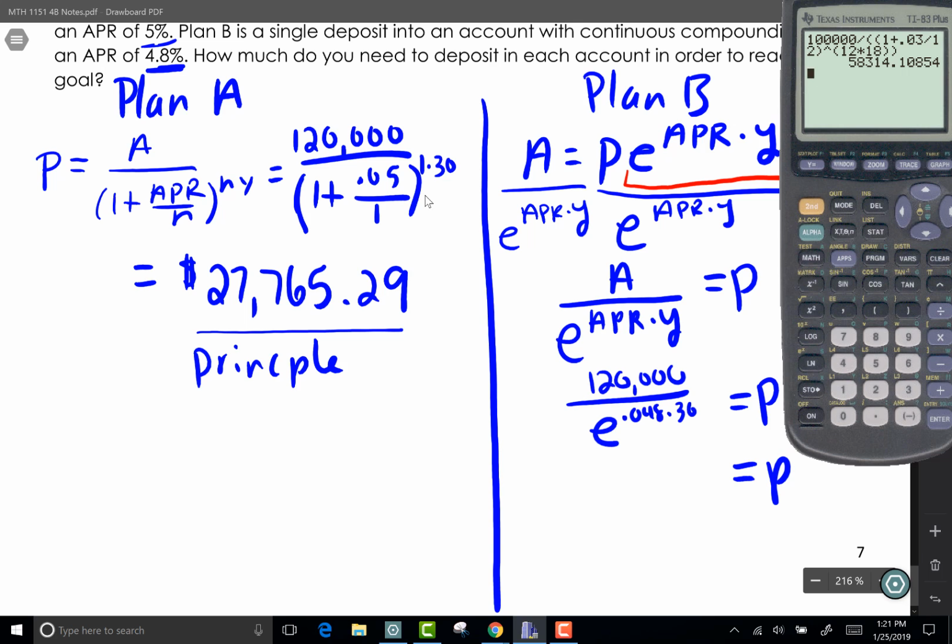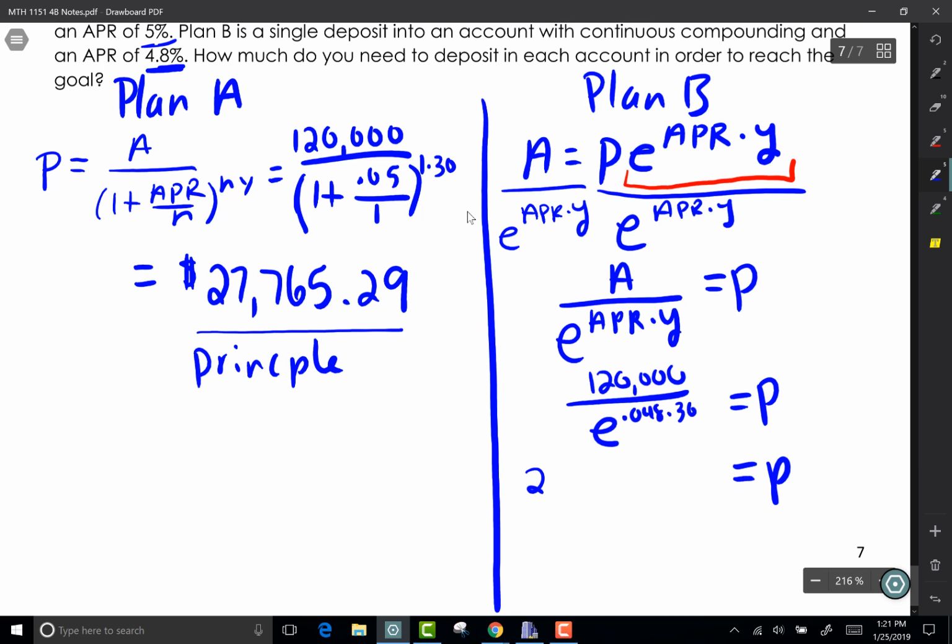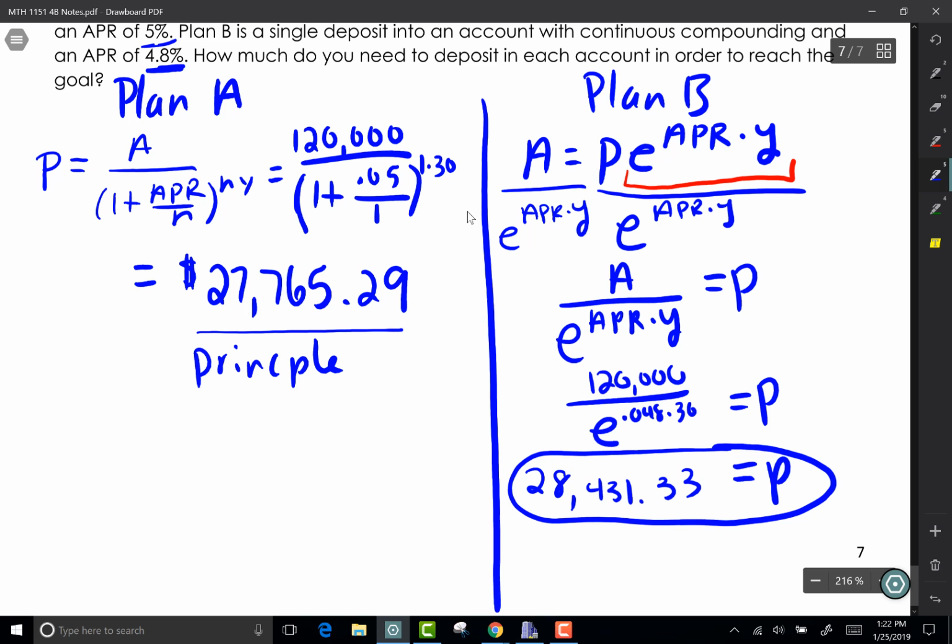In the calculator, I'm going to take 120,000, divide it by, and to access my e, I have to look above my ln button, so I use second, ln. Then I raise it to the power of 0.048 times 30, and close my parentheses. So the principal for Plan B would have to be $28,431.33. This is how much you would need to get started with Plan B.